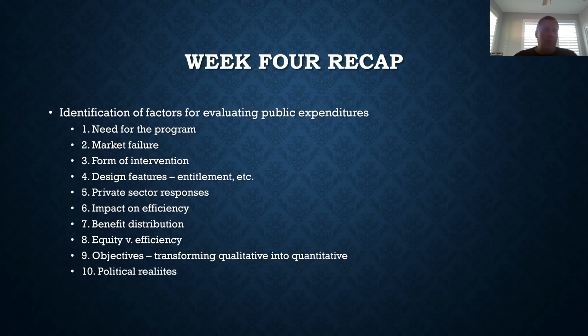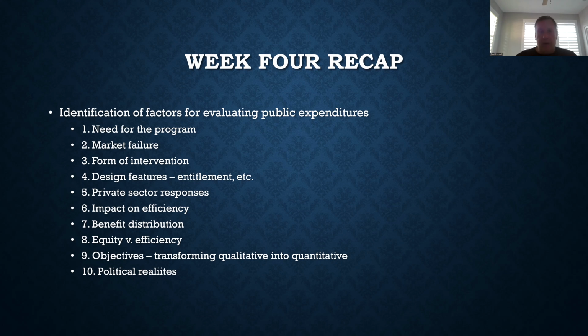And then factor number 10, which is one of the most important factors, the political reality of public intervention. How politically feasible is it to have the public sector intervening in the provision and production of this good or service, as opposed to leaving it to the private sector? Well, the political reality will oftentimes depend upon the result of the previous election.